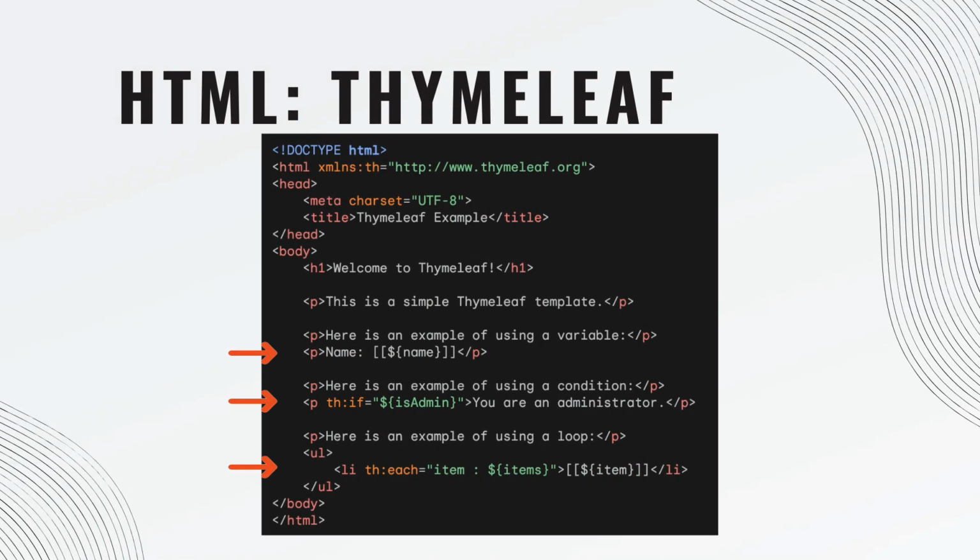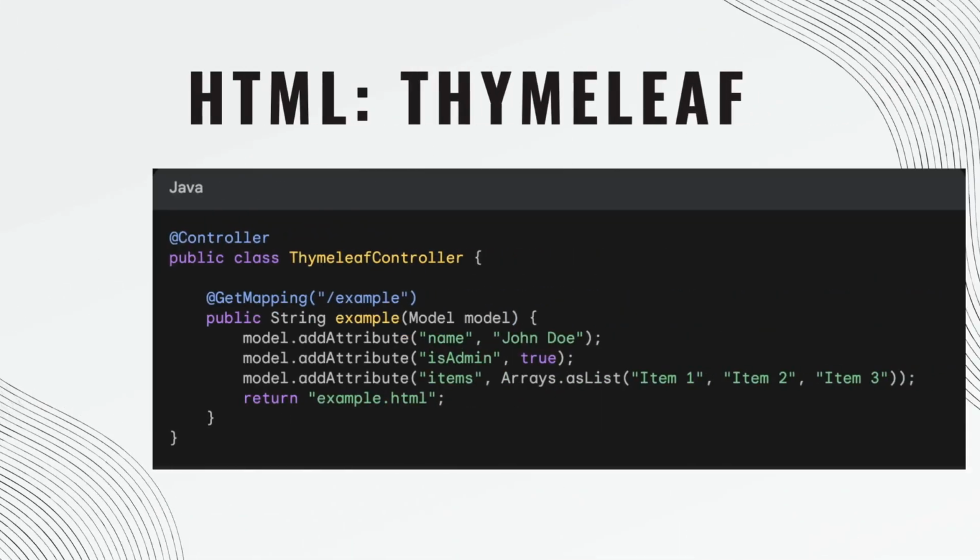We have a very basic HTML template with head and body, and if you look about halfway down, we see name, and then name in squirrely braces. And what's going to happen is this is your variable. We can assign data to it, which will then be sent back to the client. We have isAdmin, which is a Boolean, and then we can even have a list of strings that propagate an unordered list in HTML. This is what our controller would look like.